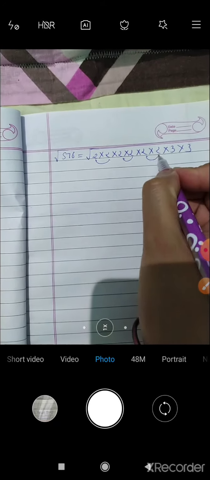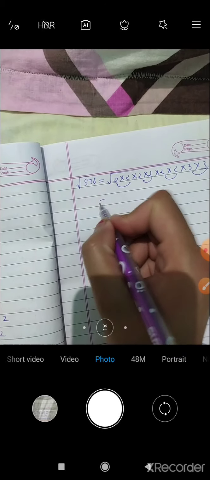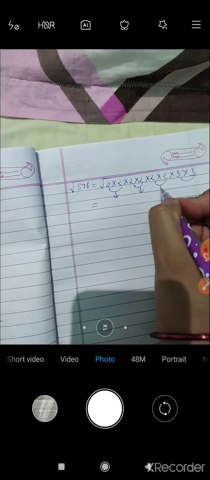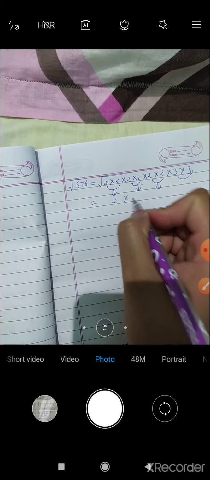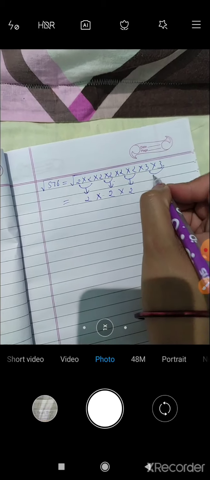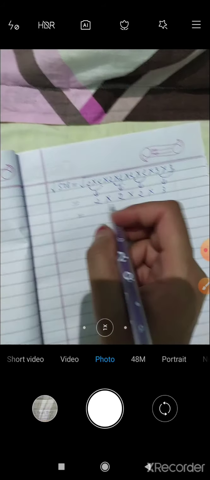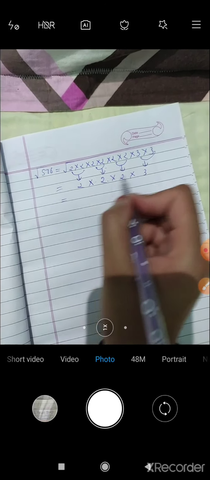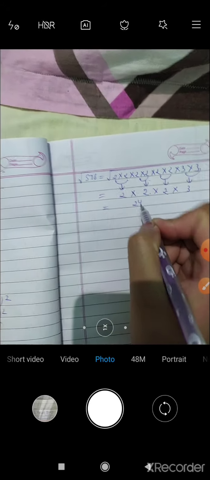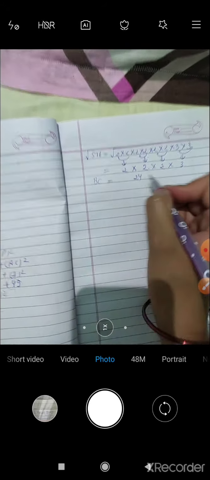Here we have 4 pairs, and in the next step we take out one number from each pair. From the first pair we have 2, from the second pair 2, from the third pair 2, and from the fourth pair 3. After multiplication we have 2 2s are 4, 4 2s are 8, 8 3s are 24. So the value of BC is 24 centimeters.